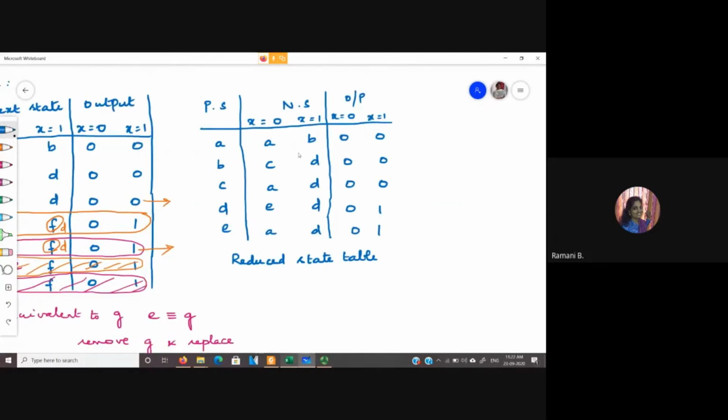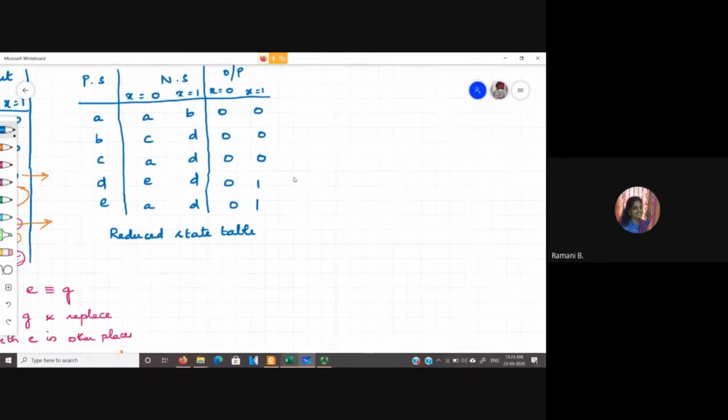Now from this table, you can draw the state diagram. So you have state A, B. First, for input 0, your output is 0 and you stay in the same state A. For input 1, I move to state B and the output is 0.